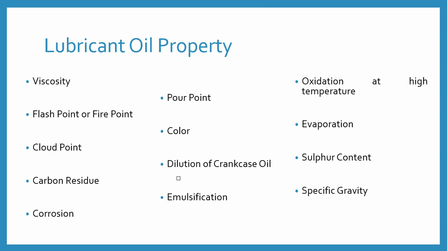The petrol vapor may escape past the piston ring during the compression stroke, which dilutes the oil and affects its lubricating property. The test which determines the amount of dilution in crankcase oil indicates the suitability of the oil.